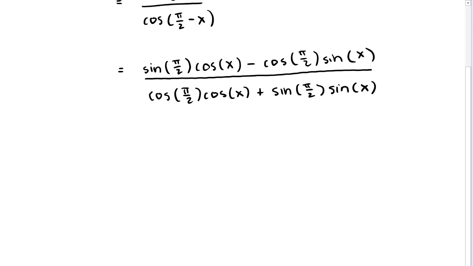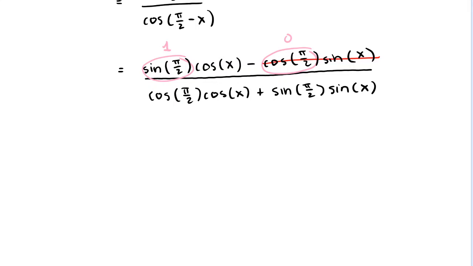Now sine of pi over 2 is just 1. The y-coordinate on the unit circle at an angle of pi over 2 is 1, and the x-coordinate at an angle of pi over 2 is 0. So this term is canceled out, since 0 times whatever sine of x is always going to be 0.